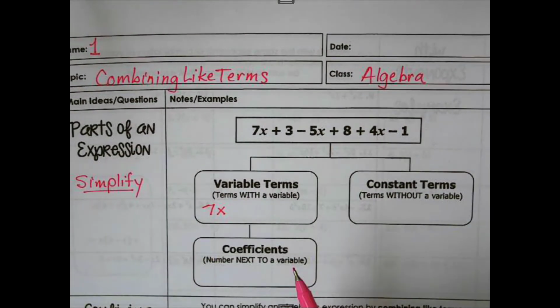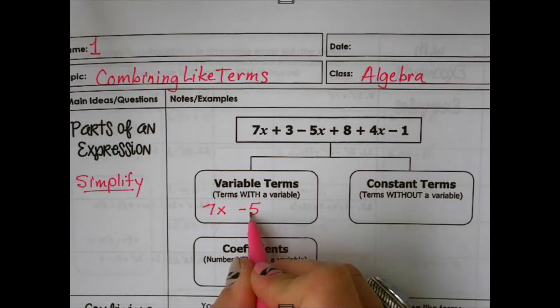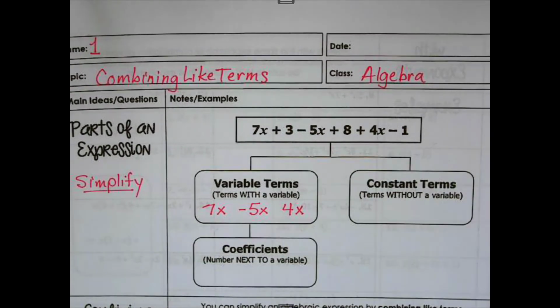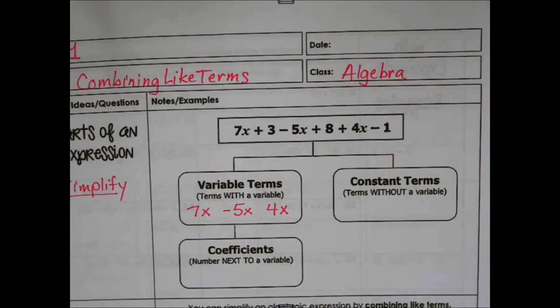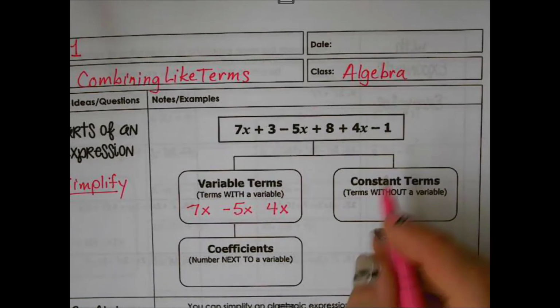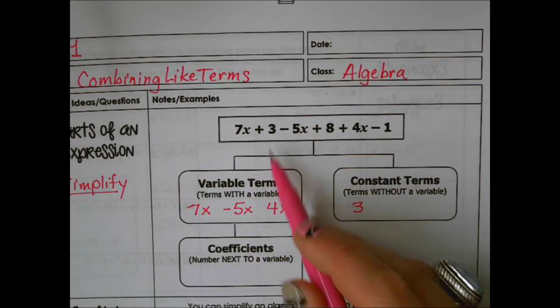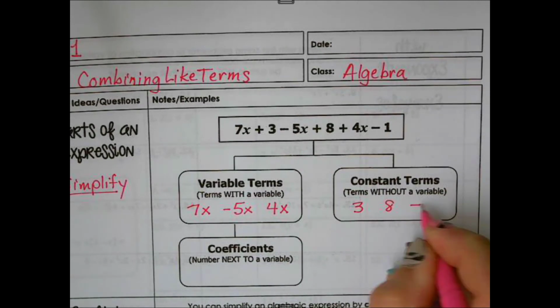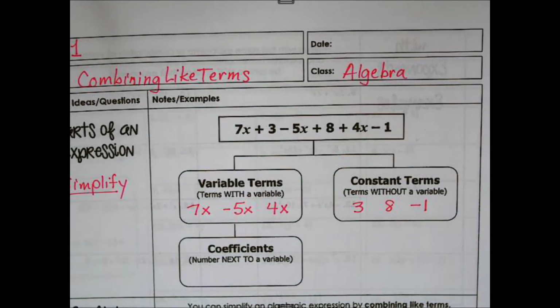So we have 7x, negative 5x, and we have 4x. So those are all the terms that have a variable. The constants, those are terms without a variable. We have 3, we have 8, and we have negative 1. So make sure if it is a negative that you include that in front of that number.